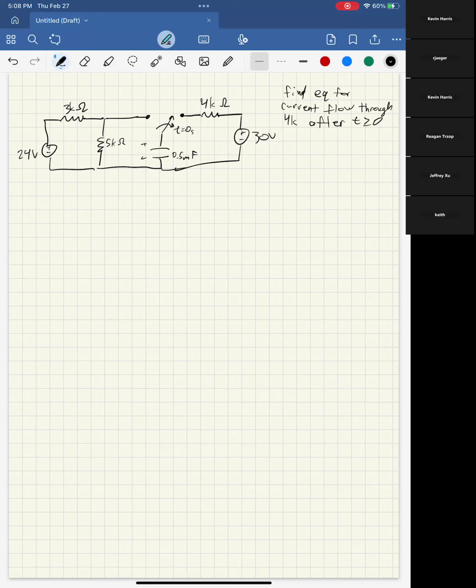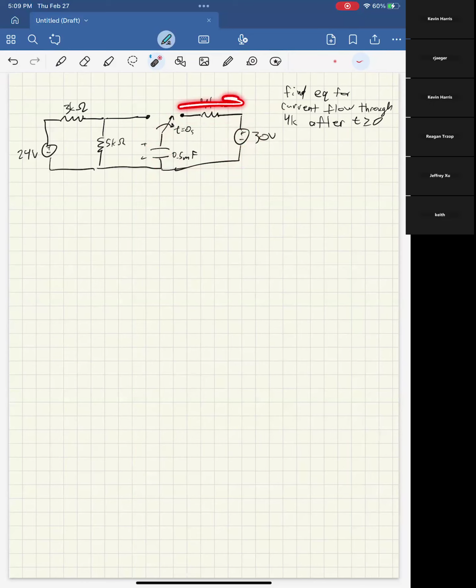So let's look at that first before we do anything. For t greater than or equal to 0, the switch is going to be in this position. And then we have the circuit like this, right? And we want to look at the current flow through this 4 kilo ohm resistor. What that'll be depends on the voltage of this, whether it is higher or lower than the 30 volts.